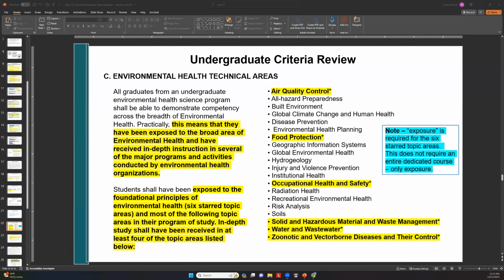It could be a program that's strong on radiation health, for example. Like our program is very strong in occupational health and safety, very strong in all hazards preparedness, and very strong in some of the other areas. That way, each program can make it work for their constituents. Thank you for the clarification. Next, Leslie.